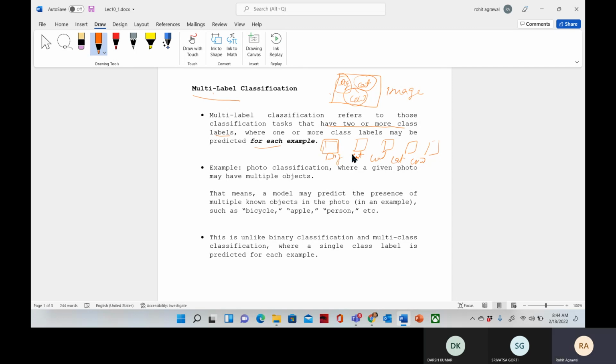Suppose you have hundreds of images and three classes: dog, cat, and cow. Out of these hundreds of images, some are for cow, some for cat, some for dog. But in multi-level classification, each image may have two or more class levels. So is this clear, what is multi-level classification?